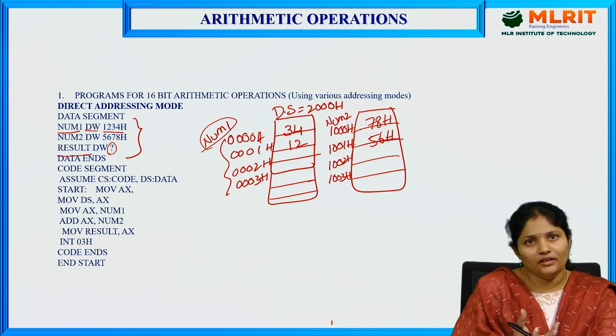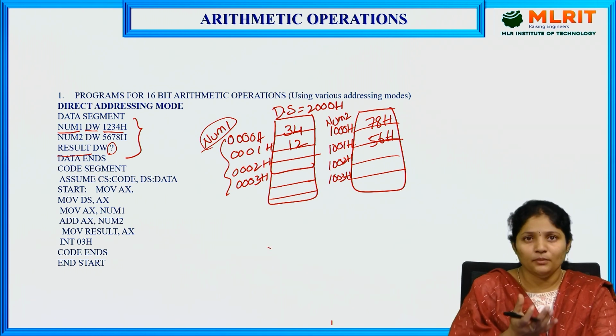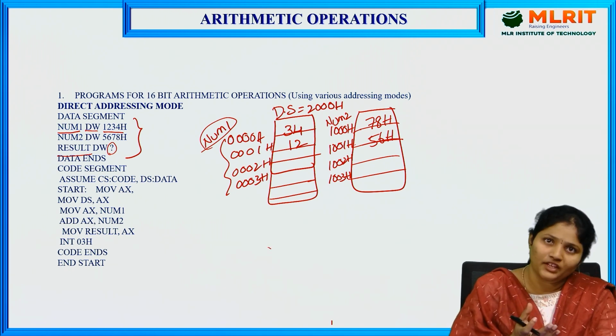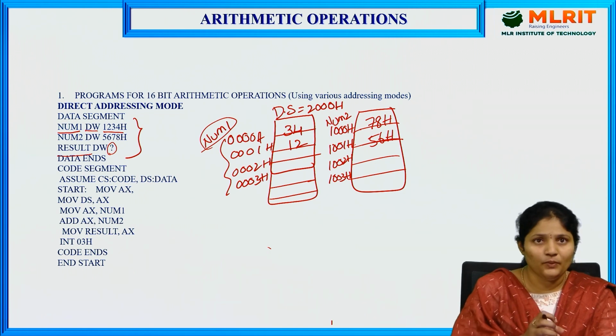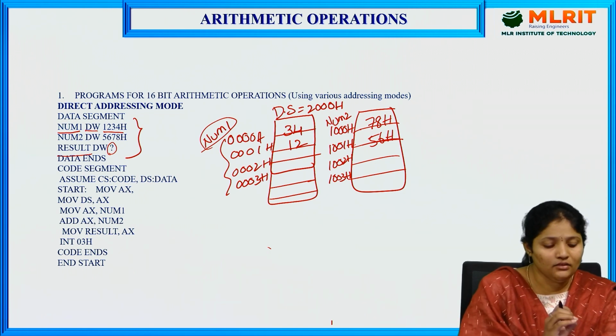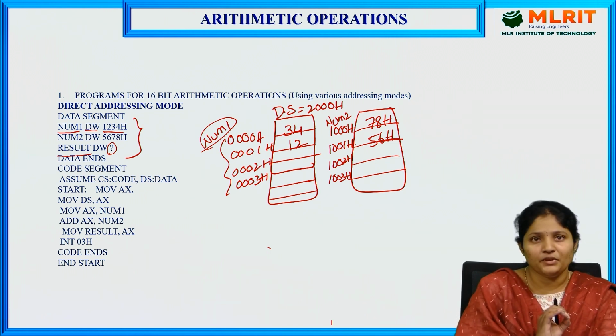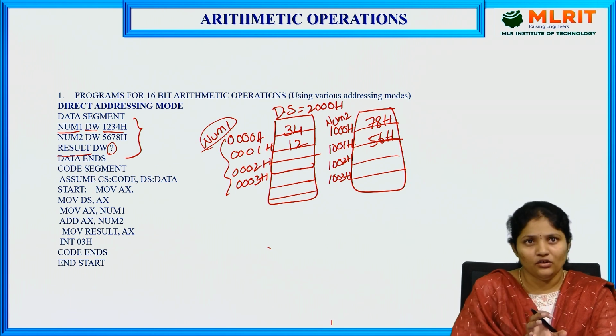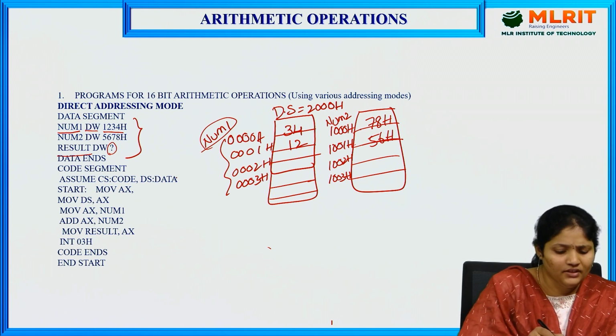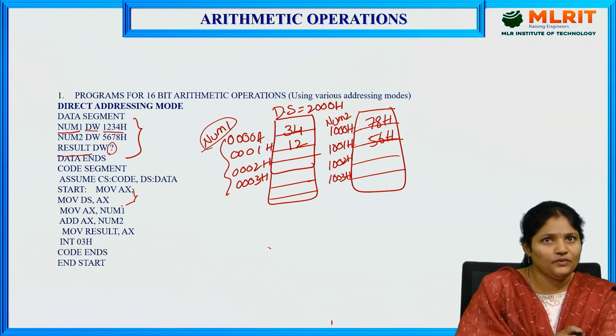The output can be an 8-bit value, a 16-bit value, or a 32-bit value. So that's why I was allocating a word, and the question mark represents the duplicate memory locations. It will allocate memory locations depending upon the output. These two instructions are used to initialize the data segment within the code segment.